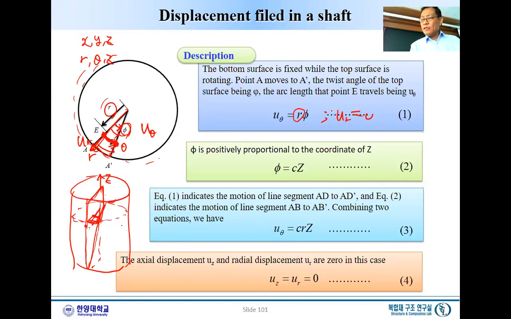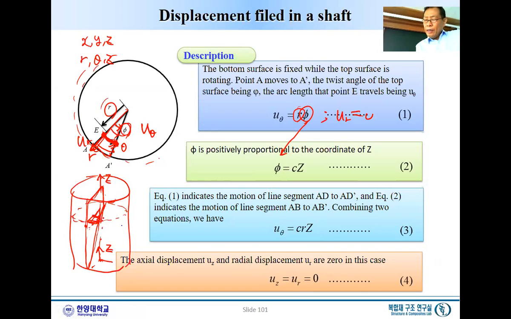So always there is the displacement field in the hoop direction, the theta direction, and that is proportional to r, and this is the angle of rotation. Okay, angle of rotation. Now this angle of rotation phi, let's say we establish the coordinate. Here is the z, and z position-wise here, here.